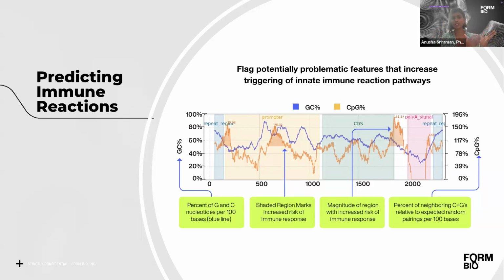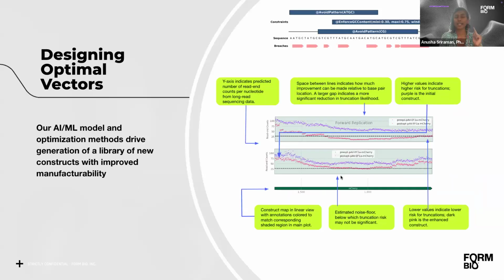Now that we've discussed all these risk factors, let's look at how FormSight AI optimizes the coding sequence to reduce truncation risk. Here is an example where we have the initial vector in purple dots and the FormSight optimized in pink dots. We're specifically looking at the CDS here. In this case, it's mCherry, which is typically not known to have a lot of truncation.